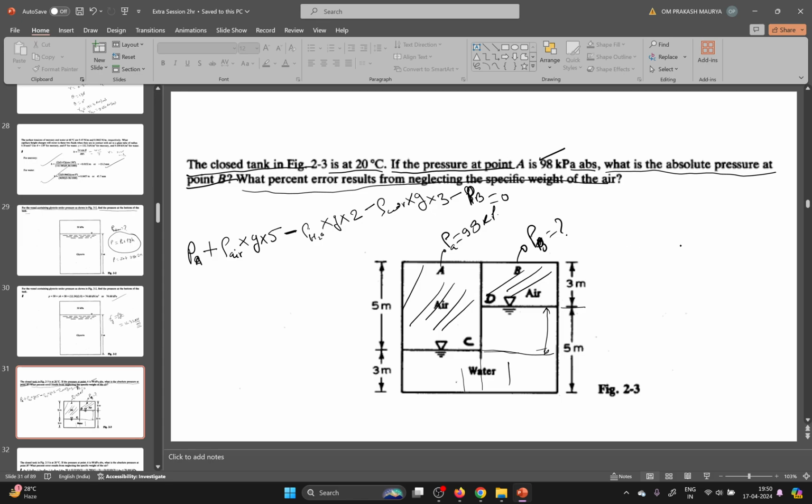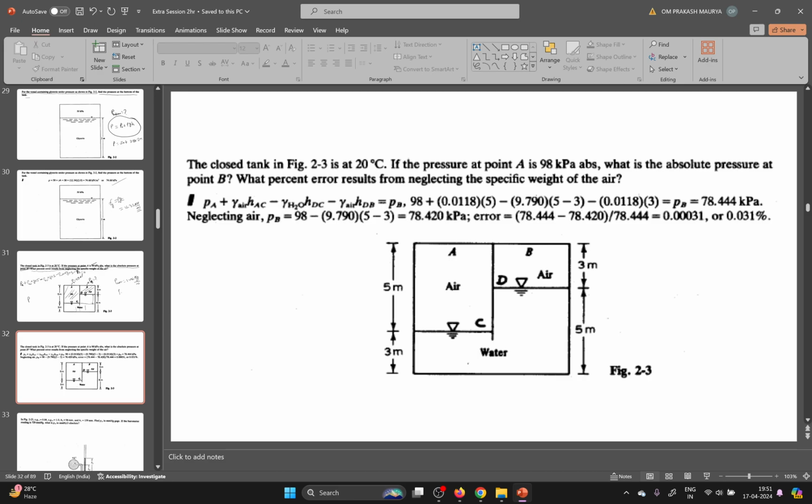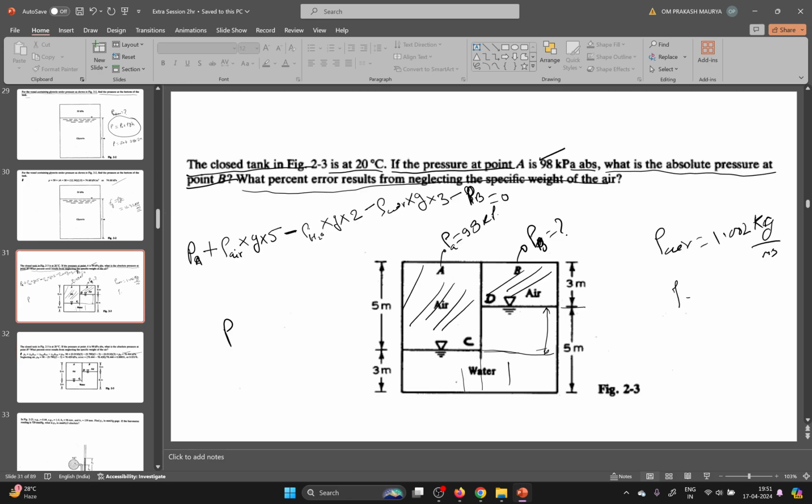When you calculate, you already know rho of air is about 1.002 kg per meter cube. Rho of water, you know, you can take as 1000. So when you calculate, let me show the answer: your PB will come to 78.44 kilopascal. Now when you neglect the air, what does it actually mean?